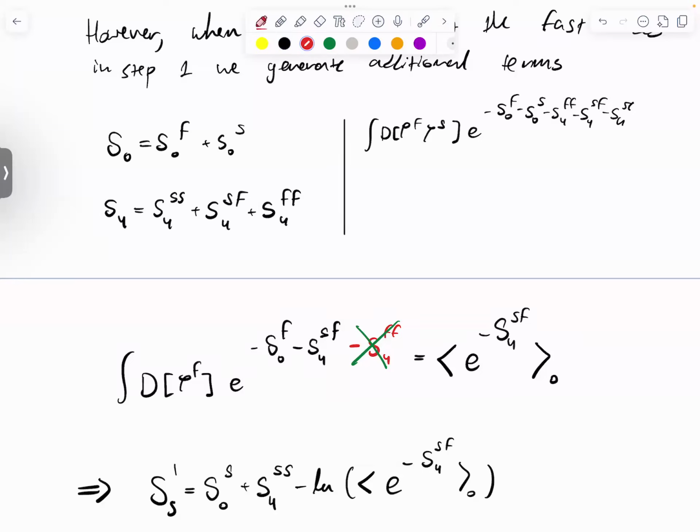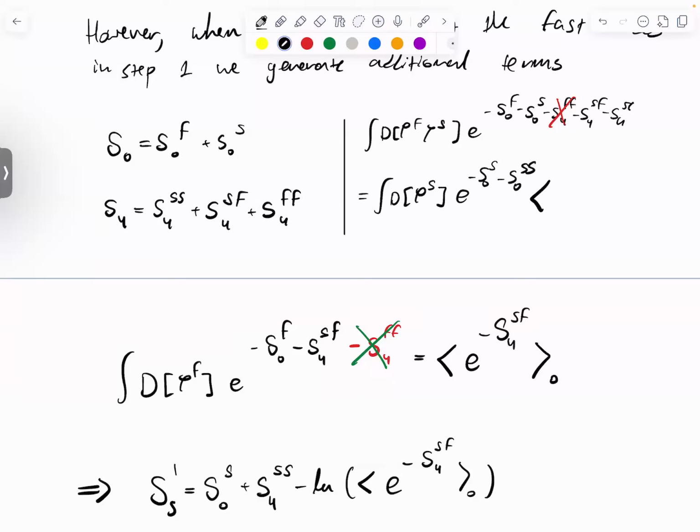First thing, I'm neglecting this term because I'm thinking about energy scales that are very large, where this perturbation is still not important. Then I'm left with these other terms, and I integrate over the fast modes, so I get an integral over d phi slow, with e to the minus S0 slow minus S0 slow.